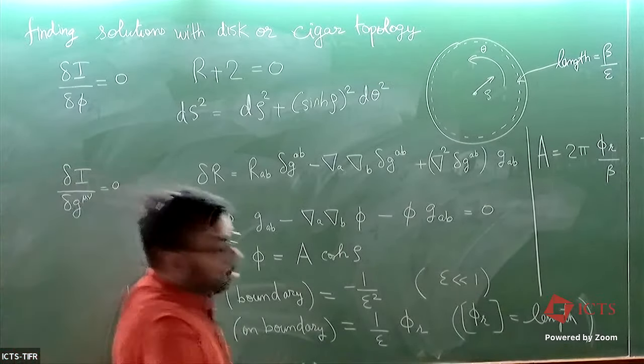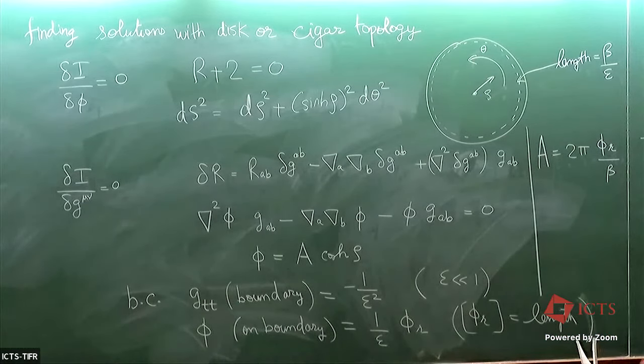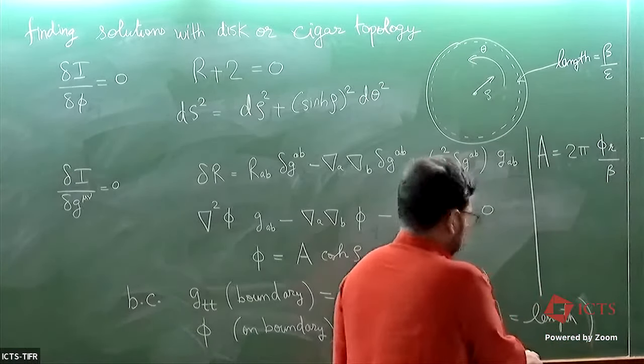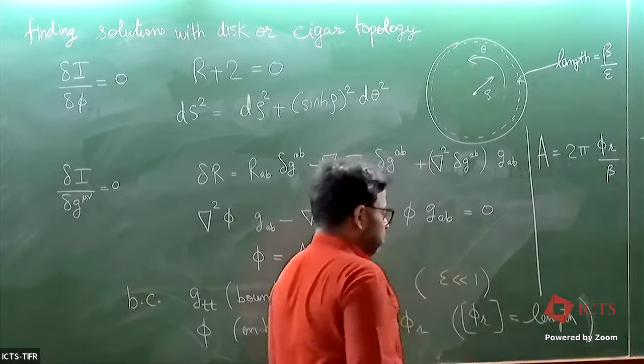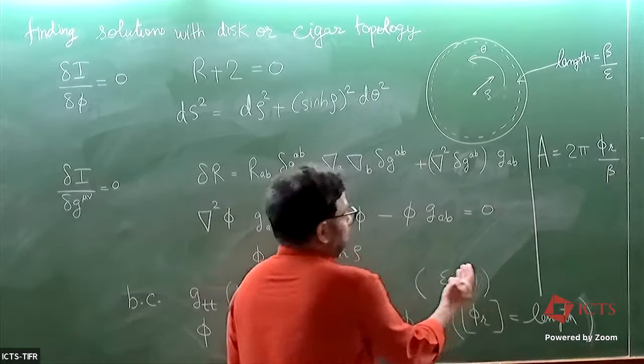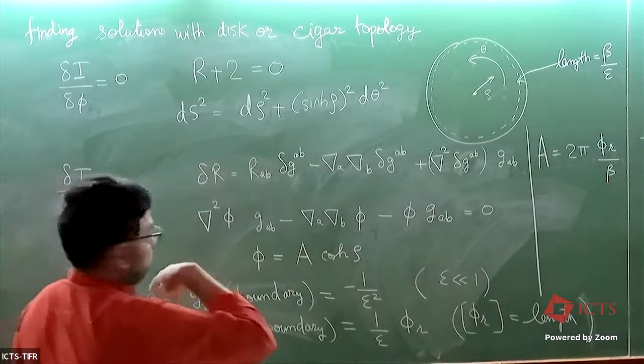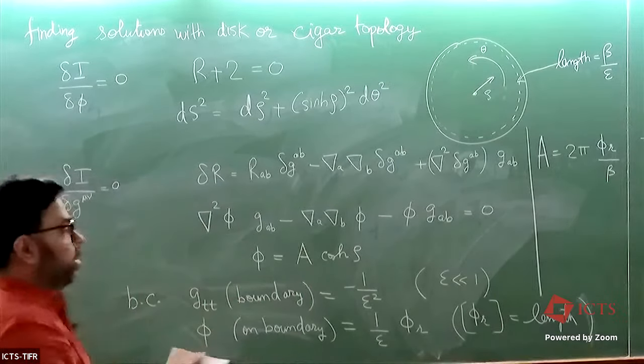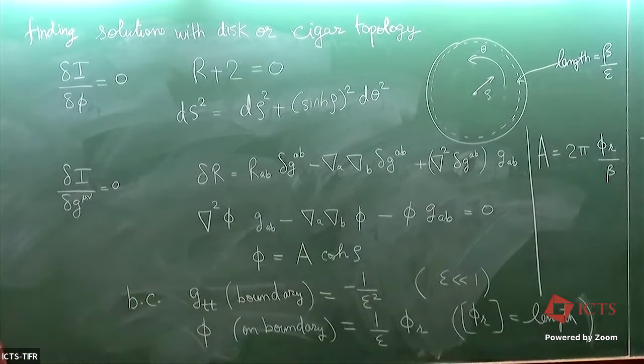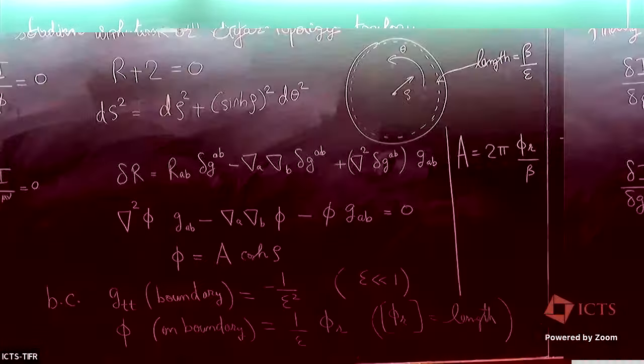Sorry? Oh, the box of phi_r means the dimension of phi_r. Usually people denote it by this box. So this is a dimensionful parameter, and you have this beta here. In various combinations, phi_r over beta is a dimensionless parameter that controls a lot of things in these theories.